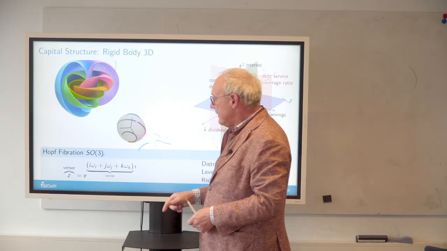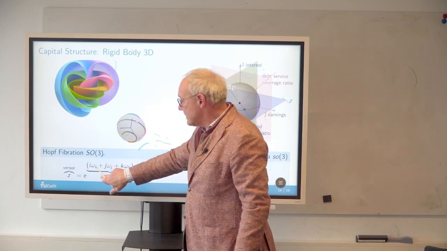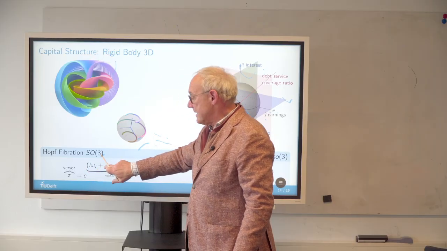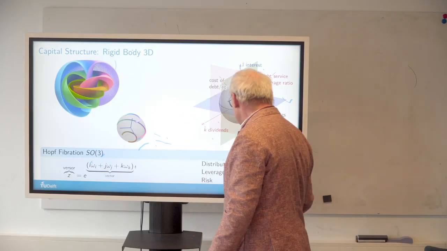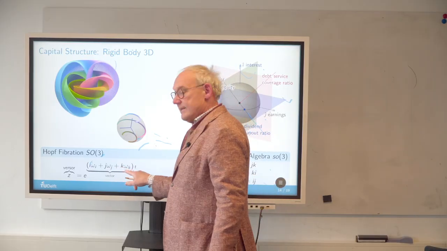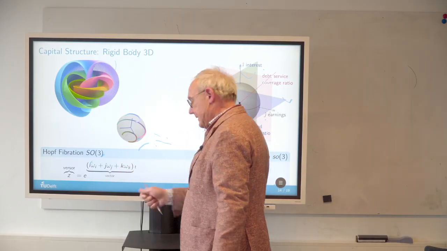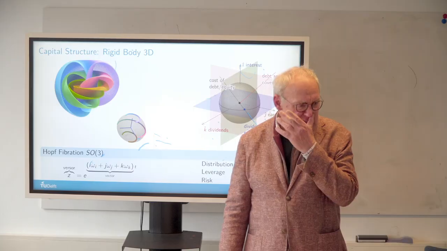If you do that, it shouldn't come as a surprise that I'm going to get this: the exponential map of this combination of imaginary numbers. So this is the rate at which I'm distributing, this is the rate at which I'm leveraging, and this is the rate at which I'm taking risk.